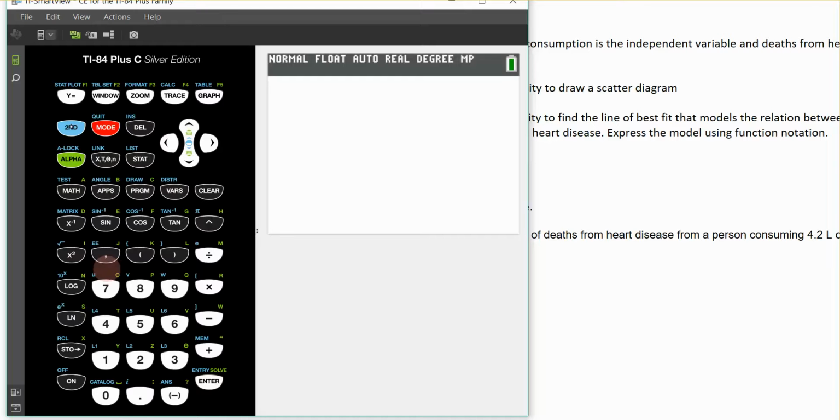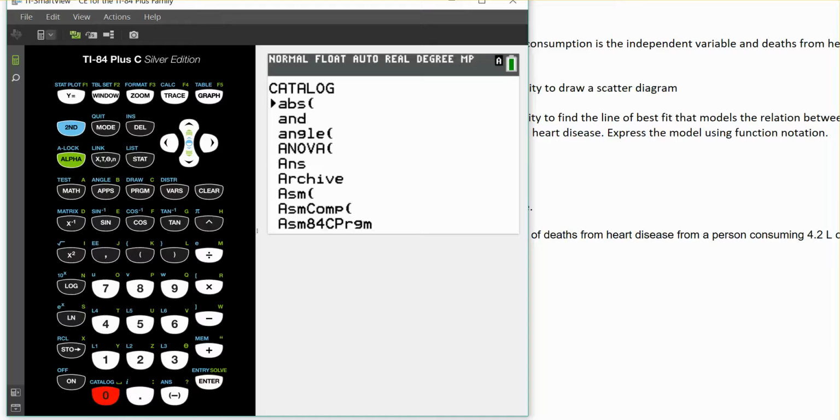So you're going to hit second 0, and that enters into this catalog here of commands, and I want you to hit the X inverse button, and it's going to quickly take us to the D portion because the catalog is alphabetized, and I am going to arrow down all the way to diagnostic on.